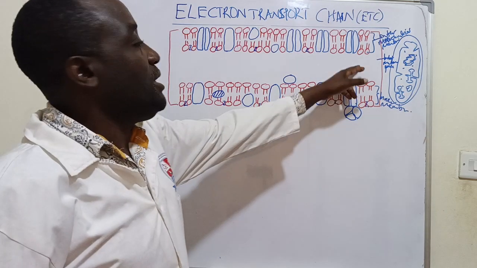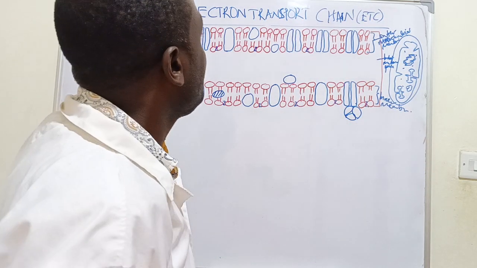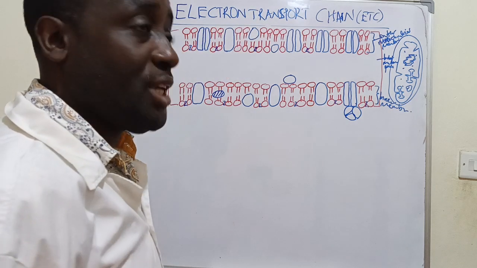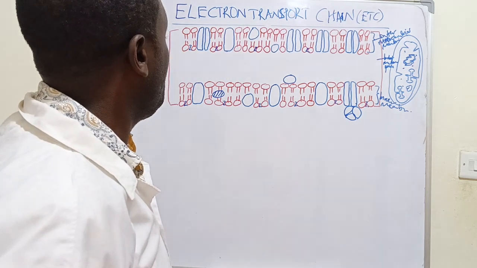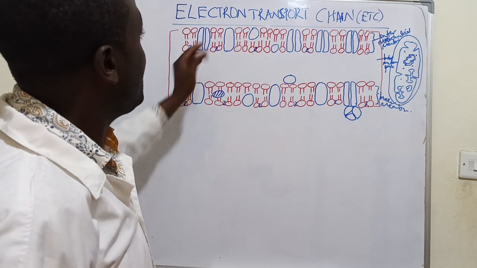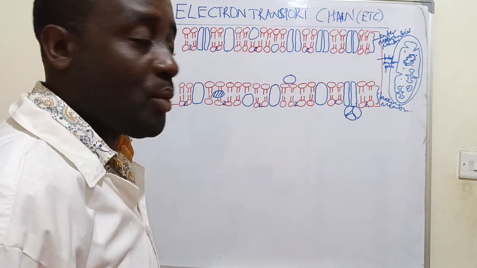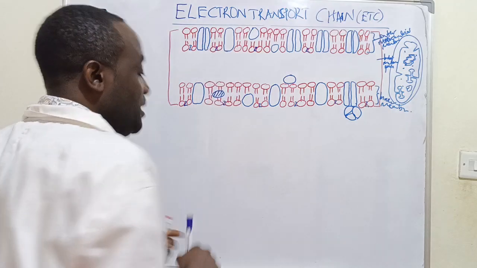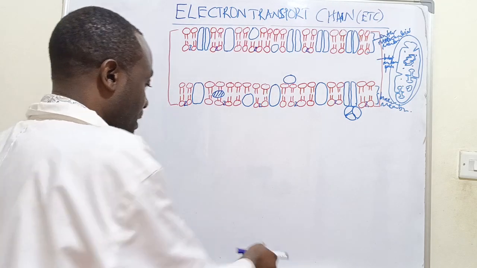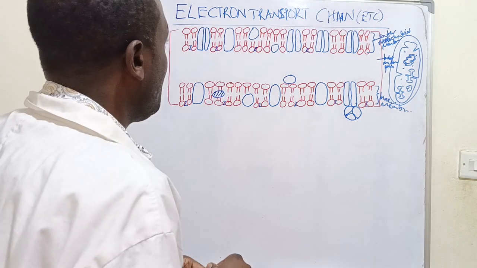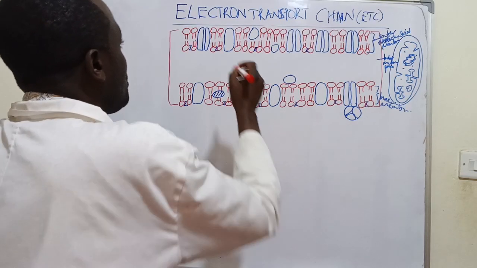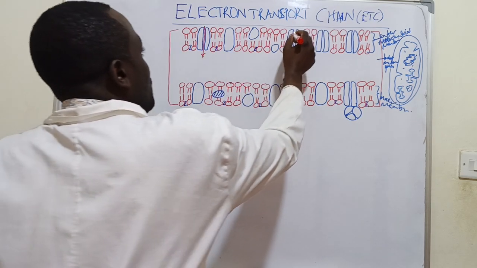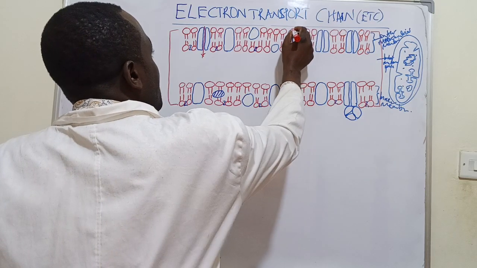Now, the outer membrane, as we said in the previous video, has a lot of protein called porin, and the porin is a transmembrane protein, allowing passage of materials from outside to enter or from inside to go outside.